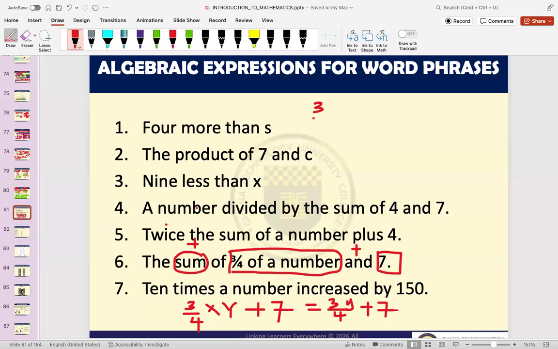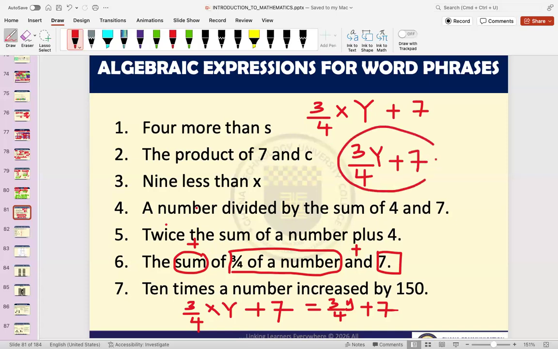And to avoid confusing my multiplication, I used the letter Y, so 3/4 multiplied by Y represents the number. Sum means plus. What are we adding it to? It says 7. So the whole thing becomes 3/4 Y plus 7. That's the result.